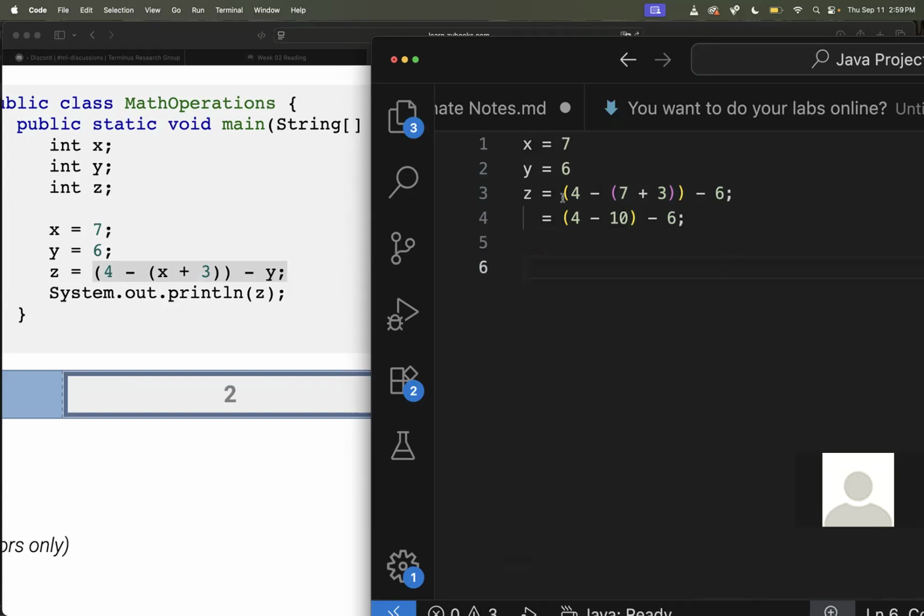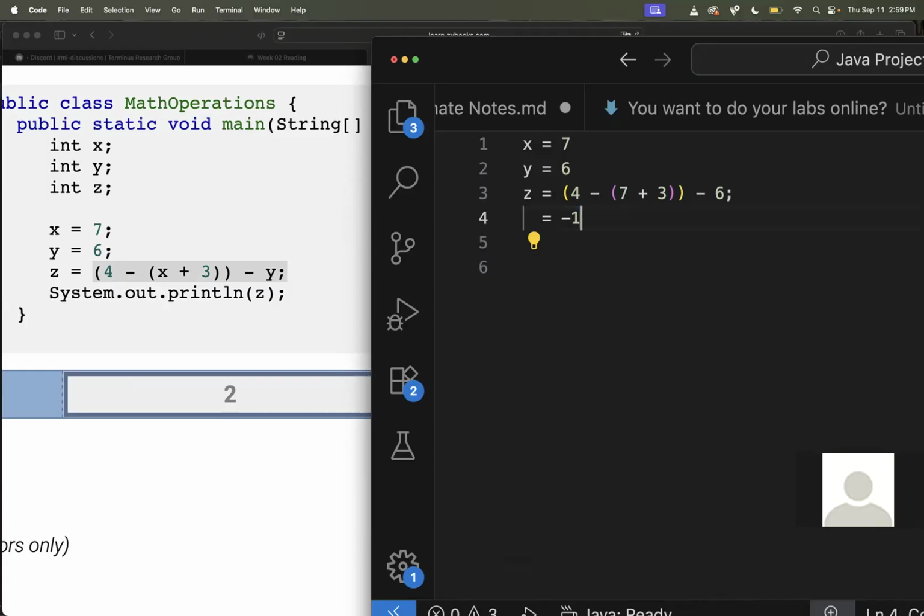Now I've got parentheses here: 4 minus 10. What's 4 minus 10? Negative 6. So I'll get negative 6. Now I have negative 6 minus 6. What's negative 6 minus 6?